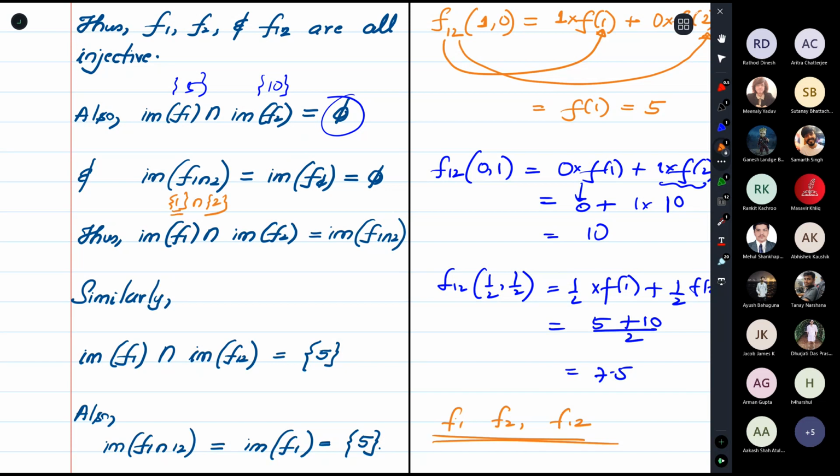I hope you agree that there is nothing common between these two sets, so consequently the intersection will be the empty set, right? And we will trivially assume that the image of the empty set is empty.